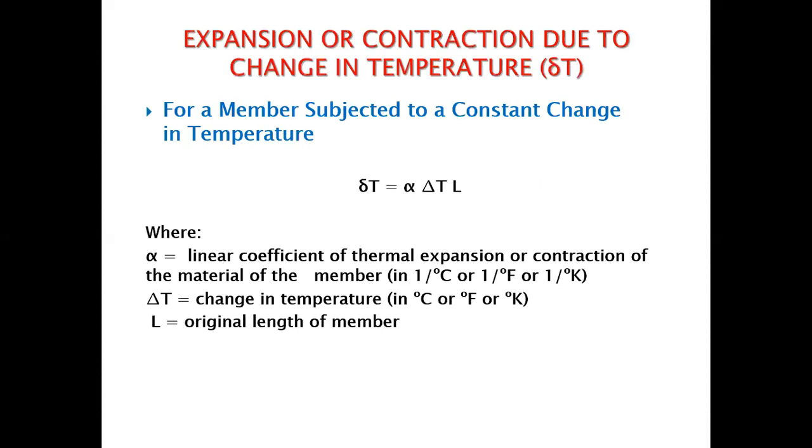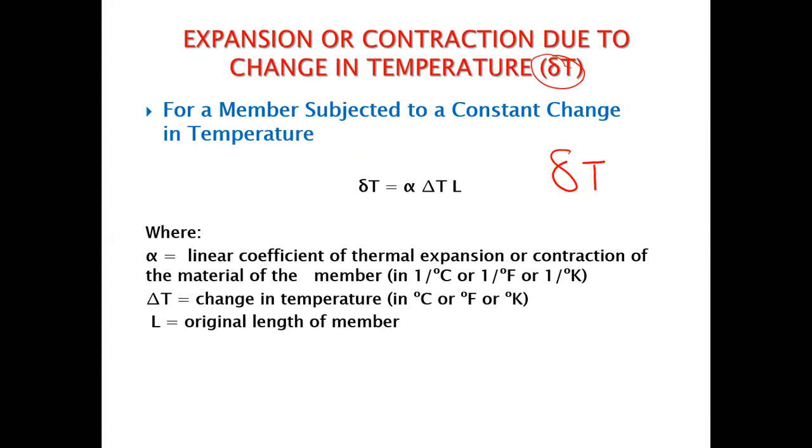Now we talk about expansion or contraction due to change in temperature, that is delta T. This is a symbol, represented by sigma or delta. This is the change due to thermal expansion.